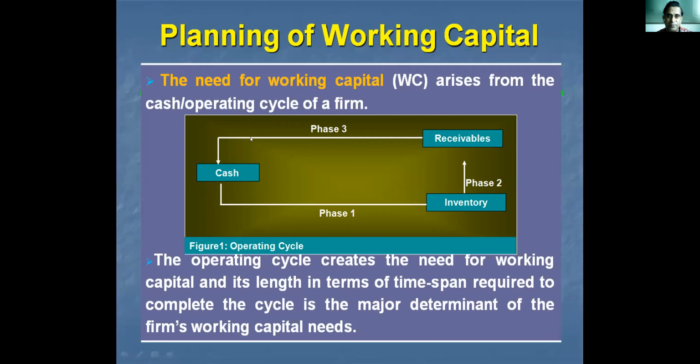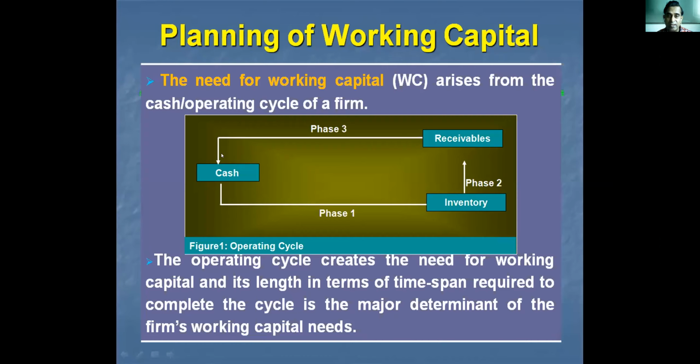The operating cycle creates the need for working capital, and its length, in terms of the time span required to complete the cycle, is a major determinant of the firm's working capital needs.